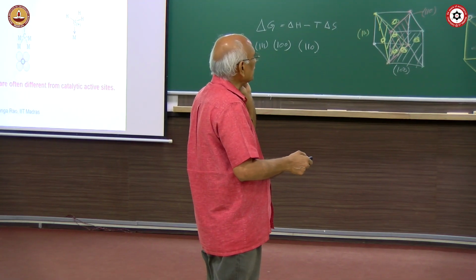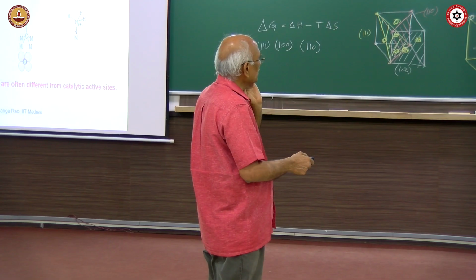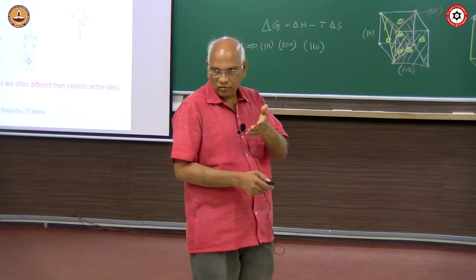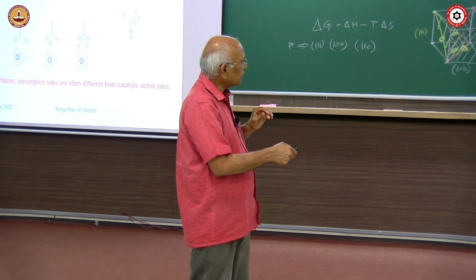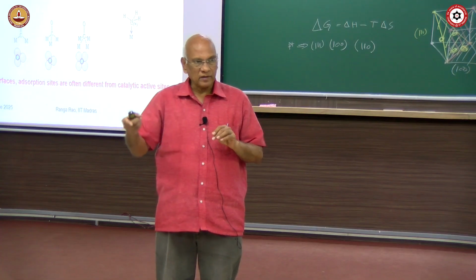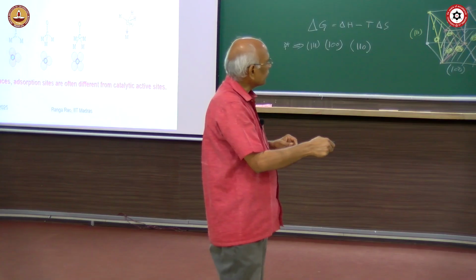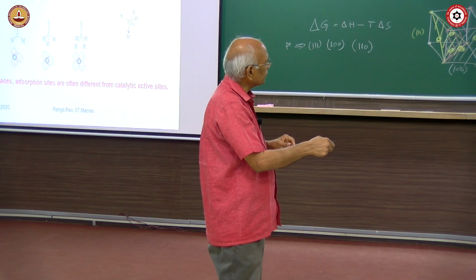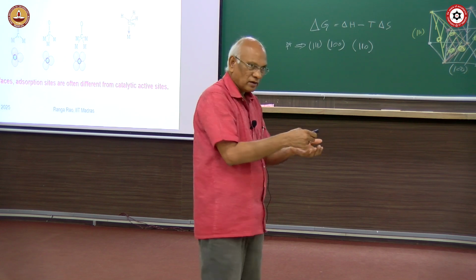Now, suppose I have a plane like this, there is a fourfold hollow site here. The adsorbate molecule which you are talking about can go and sit somewhere here. That may be the chemisorption well, where the potential energy is very low. So the adsorbate molecule can go and sit in this fourfold site, or it can go and sit on top of one of the atoms.